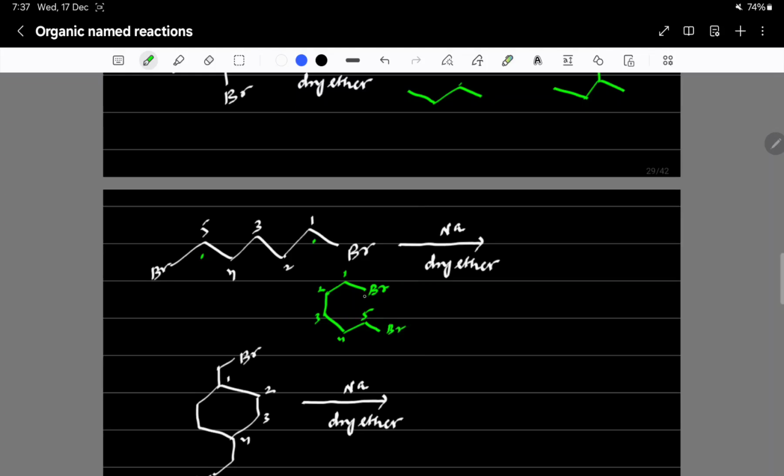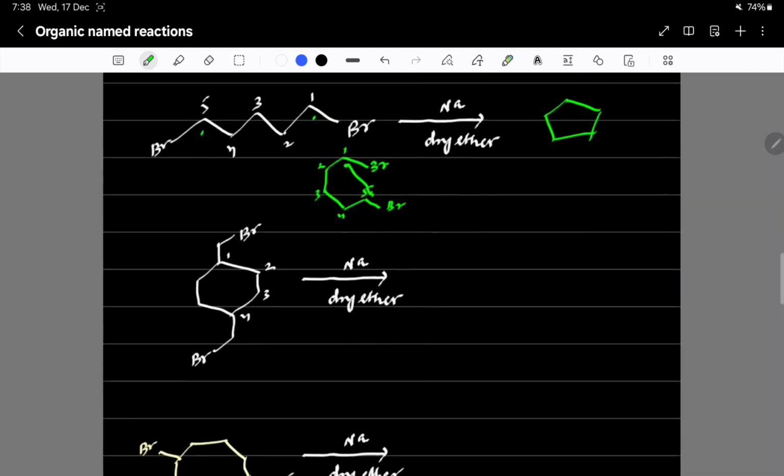So now you can make one radical here, you can make one radical here, and just recombining. So then we will get cyclopentane as the product. So it means it undergoes cyclization, right?